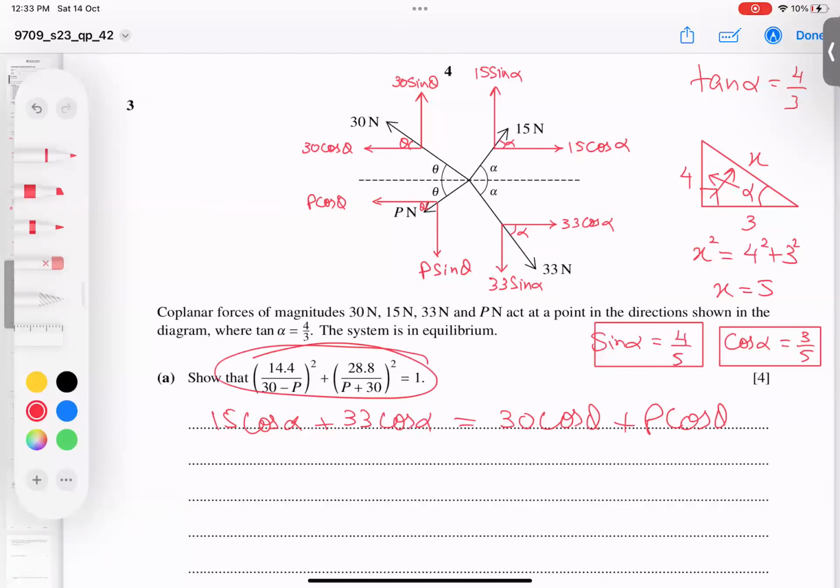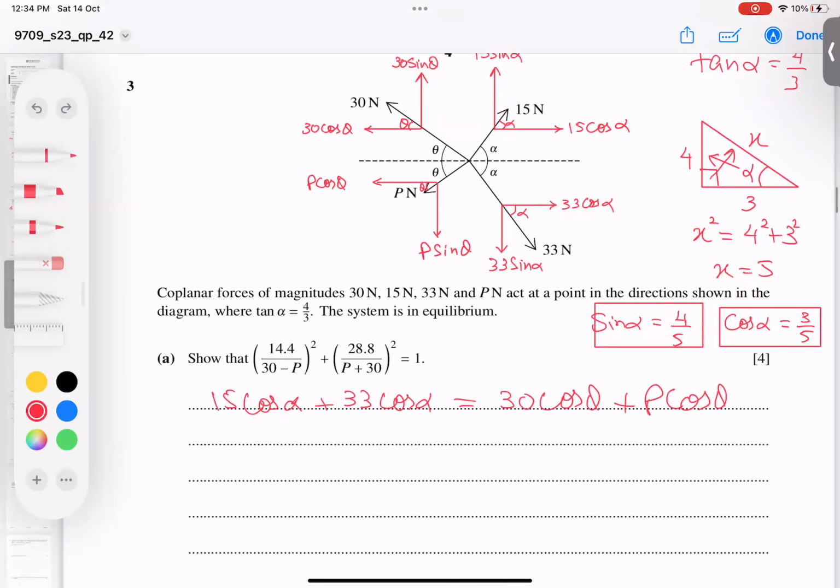Now, you can see that this is my target to show. Basically, we have a formula, and we have two unknown angles used in this question. How do we resolve this problem? Luckily, the sin alpha and cos alpha values we have. So when I replace the sin alpha and cos alpha values, they will automatically eliminate. Both are cos, so I am going to plug in the cos value, 3 by 5.